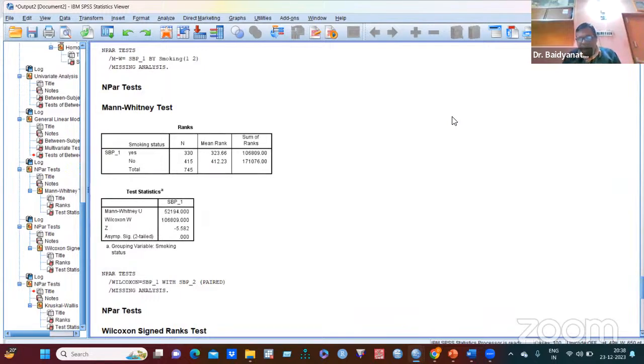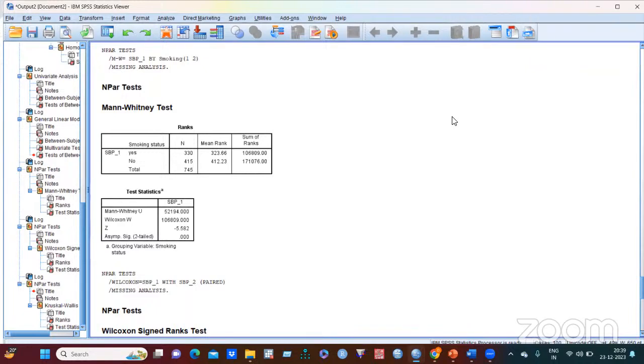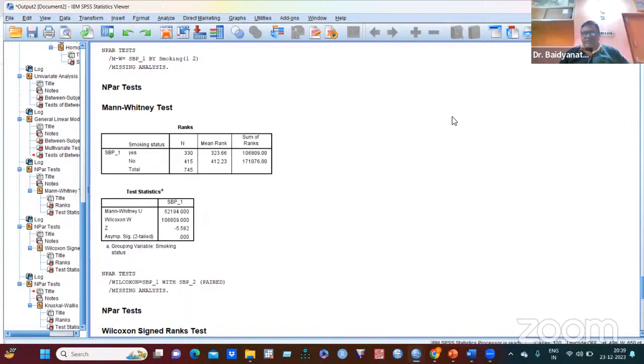So, any questions regarding this one? Dear participant, if you have any queries, any question, you can ask our resource person. Sir, non-parametric test is used only when the data is not normally distributed, no? Violation of the assumption, yeah. Normality is one of them.